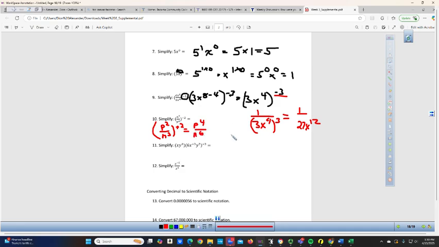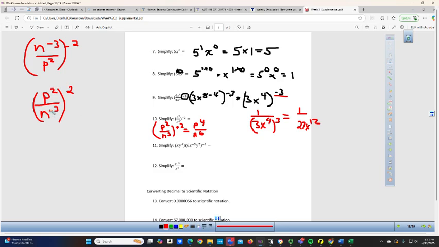Now, if for some reason, let's say you had something like this, n to the -3 over p to the 2nd, and we raise all of this to the -2nd, right? I'm still going to work my negative power over a product rule and still say this becomes p to the 2nd over n to the -3rd, and all of that raised to the +2nd, right?